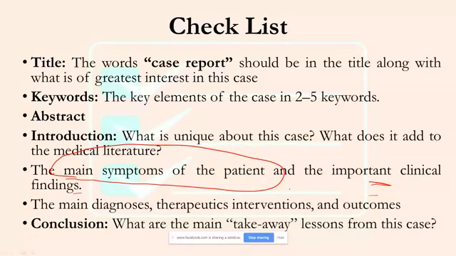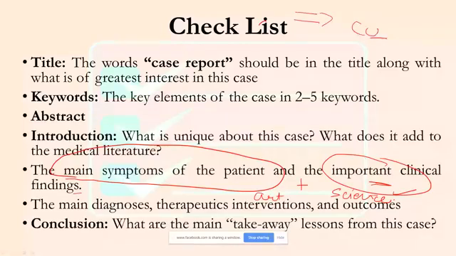So this is an amalgamation of these two. This is basically art and science. So you can compare the checklist with your case and see whether it is serving the purpose or not.